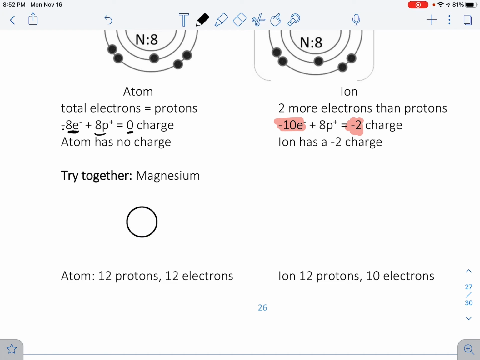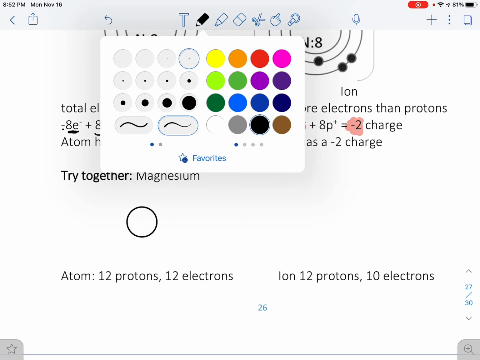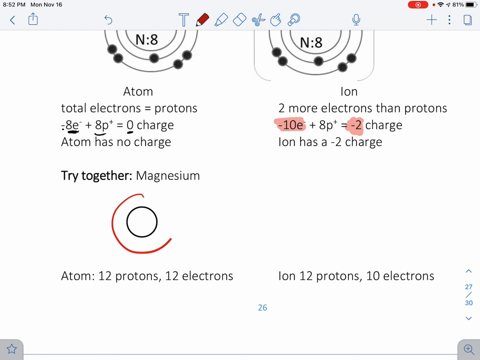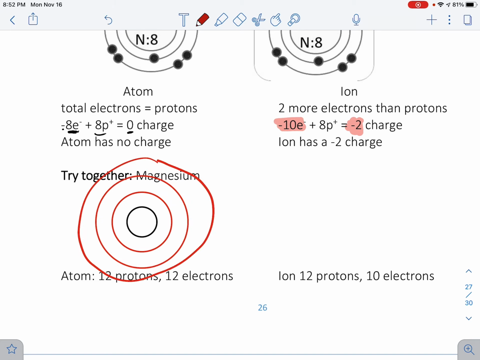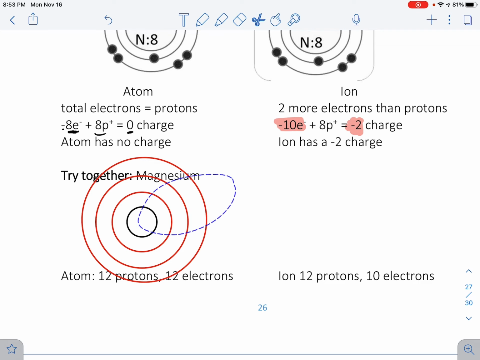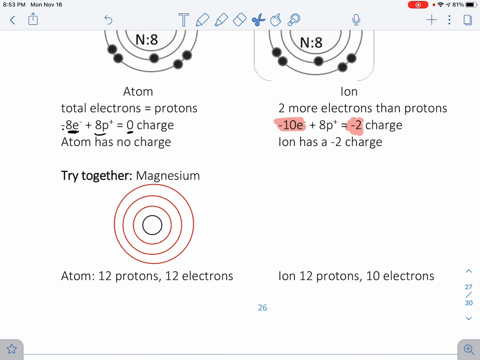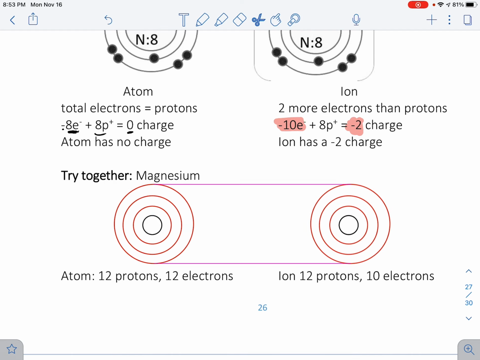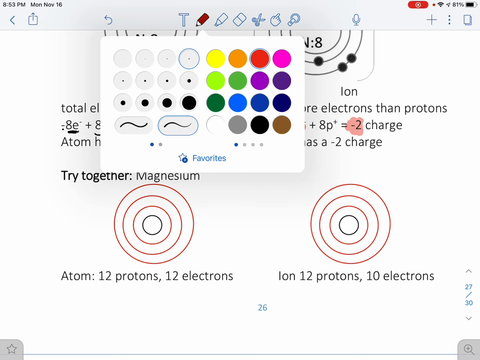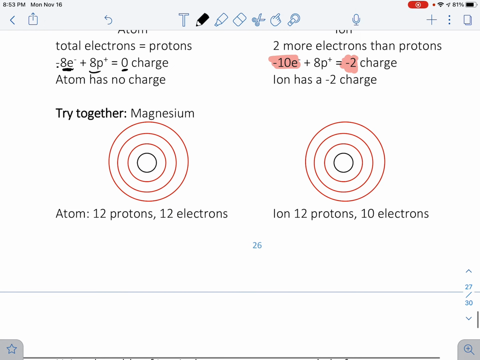I'm going to first start by sketching out my magnesium nucleus and then the electron shells. I need to have 12 electrons: 2 electrons in the first shell, 8 in the second, that gets me 10, and then 11, 12. So I'm going to need all 3 electron shells that we have been doing for our Bohr models. And then I'm going to paste that over here. The other thing that's going to be the same in both models is the number of protons.